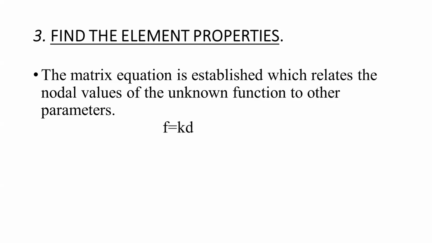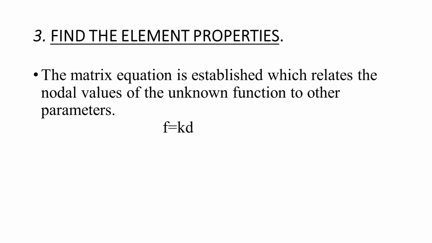Similarly, the size of the matrix F is also going to be 2 rows and 1 column. And correspondingly, the matrix K, which is going to relate F and d, is going to be a square matrix of size 2 into 2.